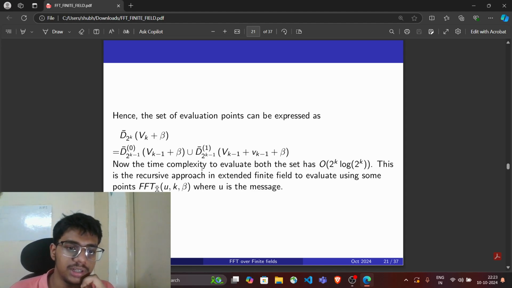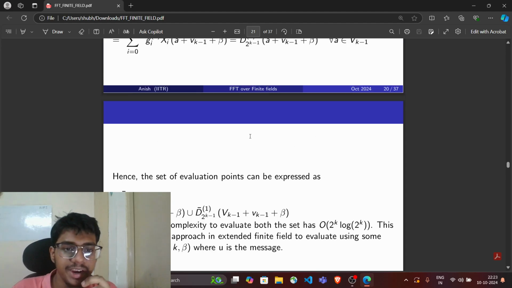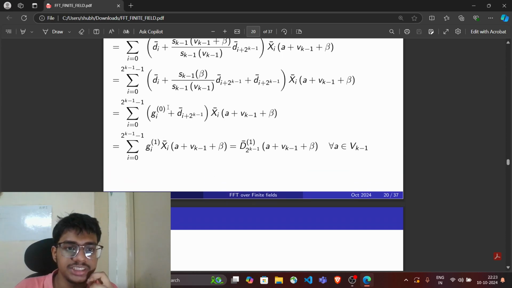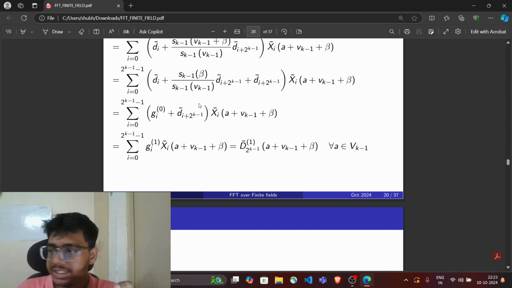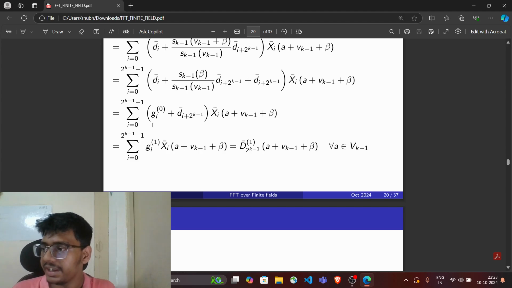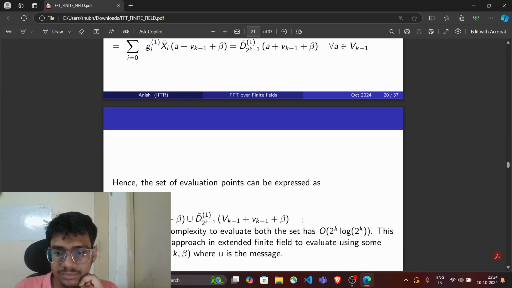And for the second coset of polynomials, we had gi of 0 plus di plus 2 to the power of k minus 1. So we have to calculate each coefficient of this, which will again take a total of 2 to the power of k minus 1 additions, which we obtained in the previous one, the one which we obtained for bk minus 1 plus beta.